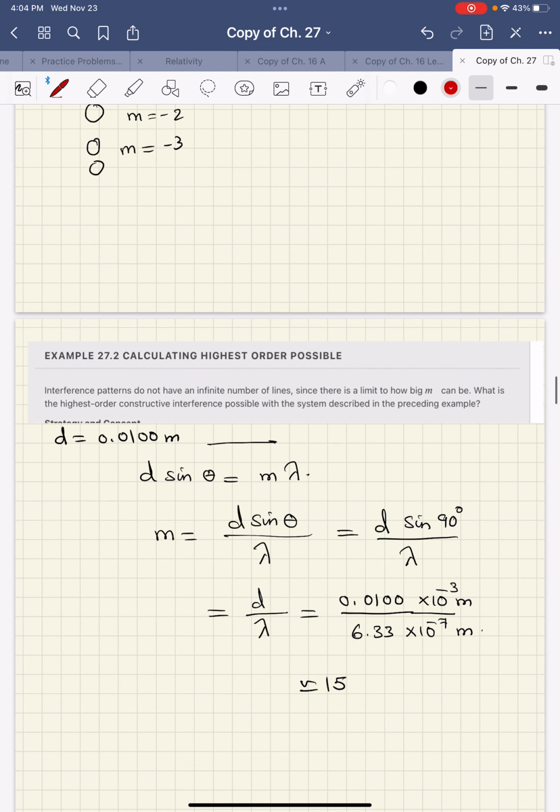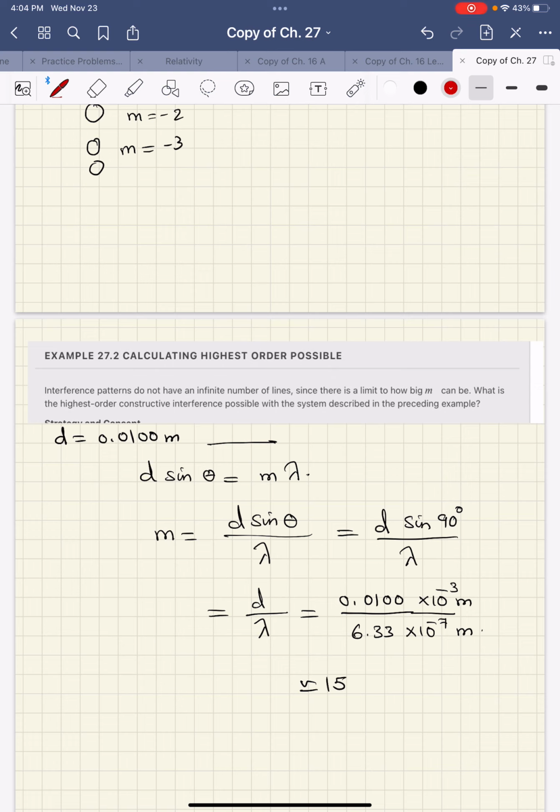Here, interference patterns do not have an infinite number of lines, since there is a limit to how big m can be. What is the highest order constructive interference possible with the system described in the preceding example?